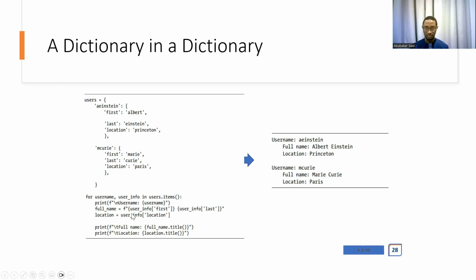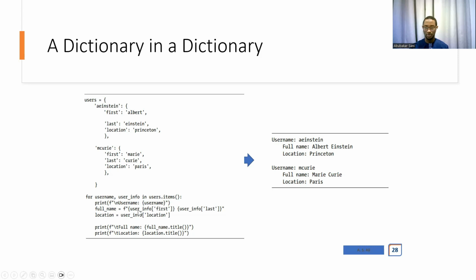Dictionaries. Okay, and you can see here we can work with it also. We can use the username, which is the a einstein. That's why we do the dot items, and dot items will return two things: the key and the value. The key here is the username, okay, and the value is a dictionary, which is the user info dictionary. So we can print the username, for example, Albert Einstein, and we have the dictionary called user info.